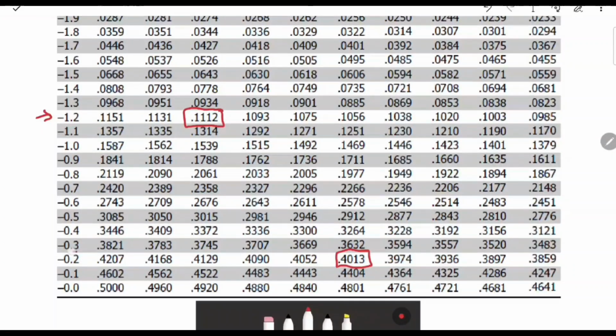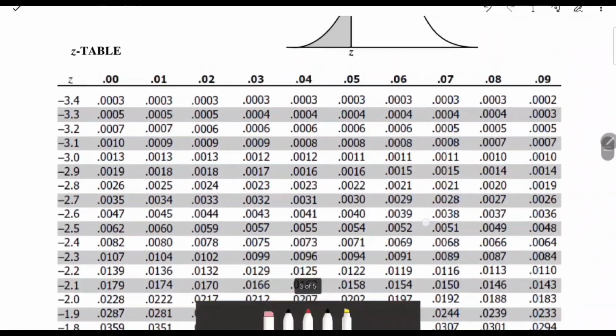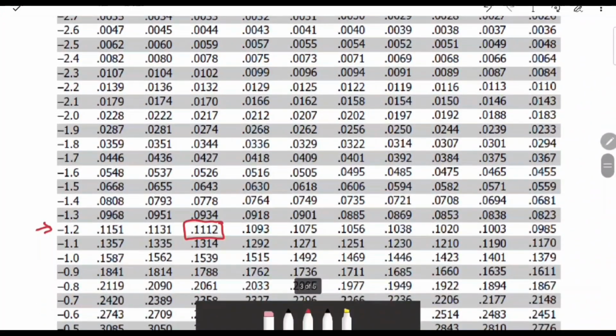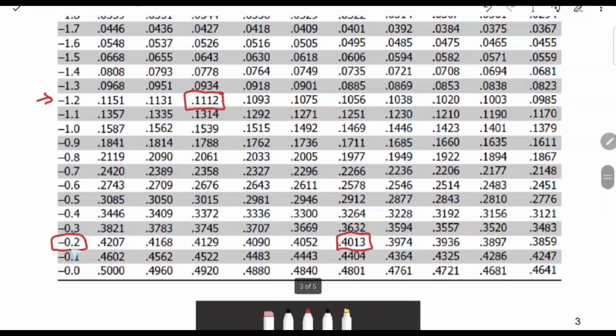The corresponding z value is negative 0.2, and this column is for the second decimal place of 5, right? So minus 0.25 is the z value.